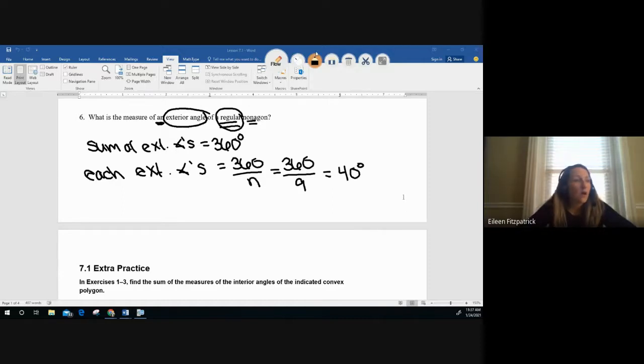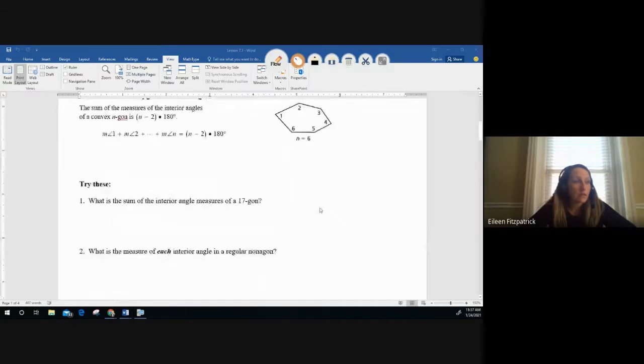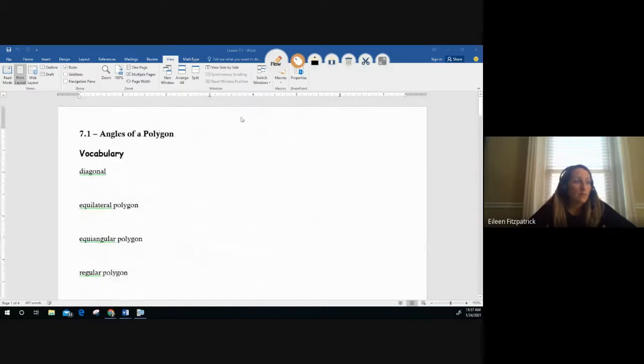Okay. All right, so last thing I want to do for this lesson, I'm actually going to scroll back up to the top. If maybe you have room up in the margin, I'm going to just write down the 4 formulas that we learned in this lesson that you need to know. Okay, so sum of interior angles is equal to n minus 2 times 180.